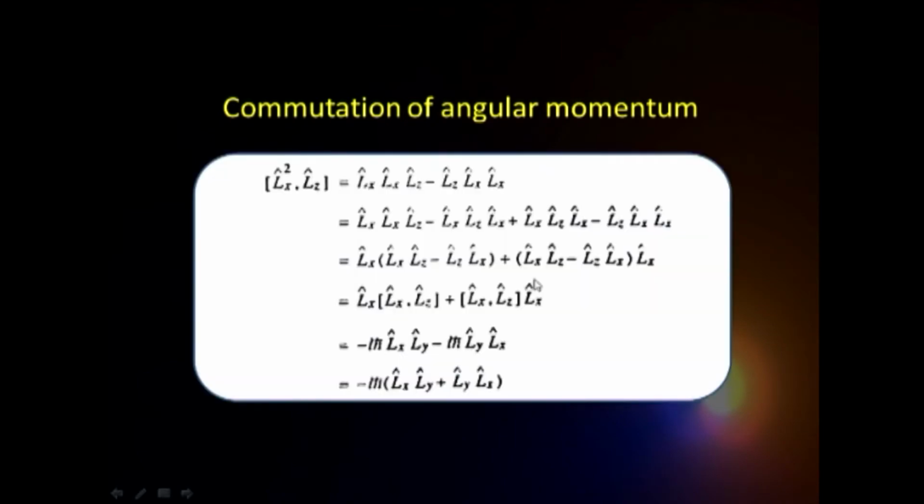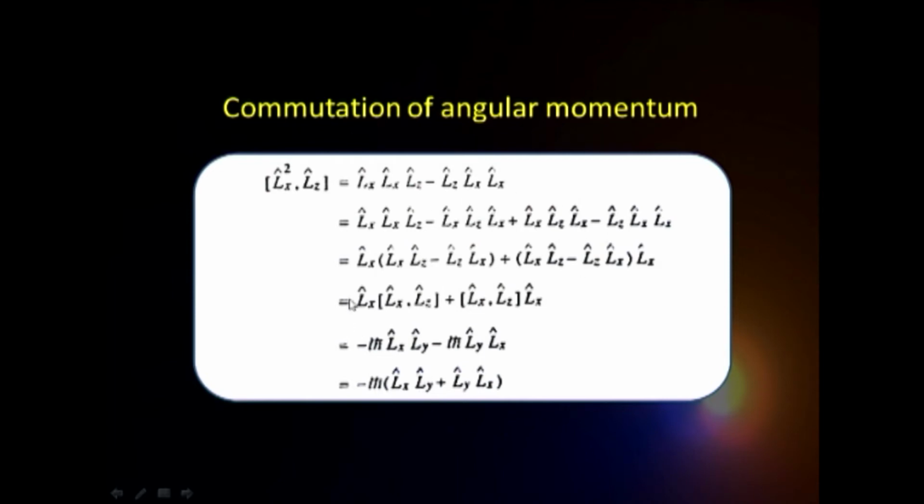So, earlier we have seen that the first two terms are taken together and they are giving us some value, then we have to look at the other way around. So, other way around means that you are going to have L square L_z and the whole term has to be expanded like this.